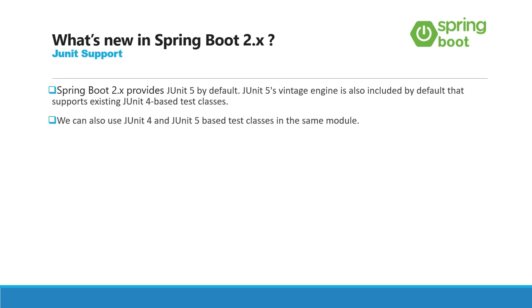We can also use JUnit 4 or JUnit 5 based test classes in the same module. So you can even write JUnit test cases compliant with both JUnit 4 and JUnit 5, because as I said, the JUnit 5 Vintage engine is included by default, which supports running JUnit 4 test cases.